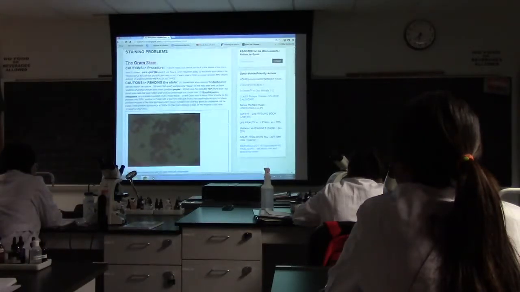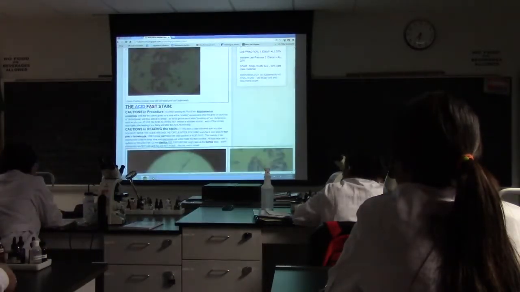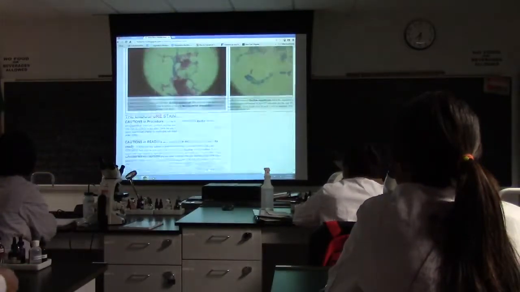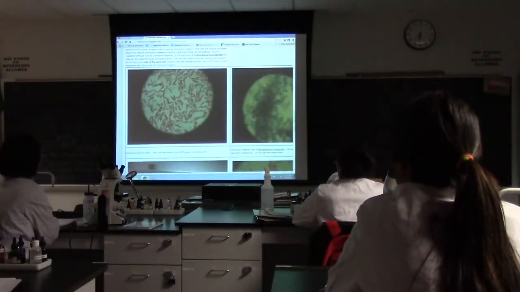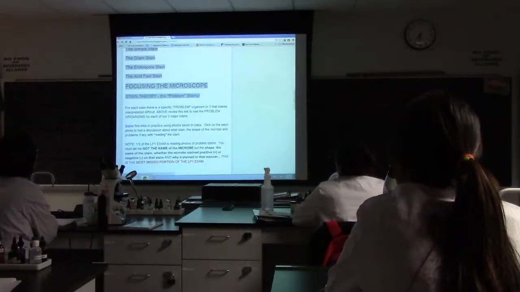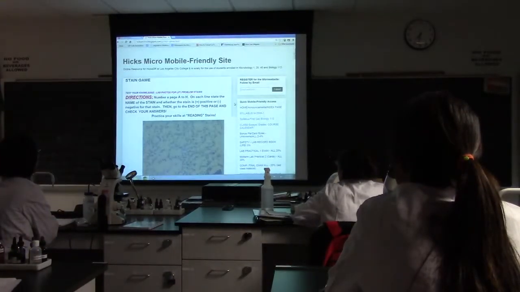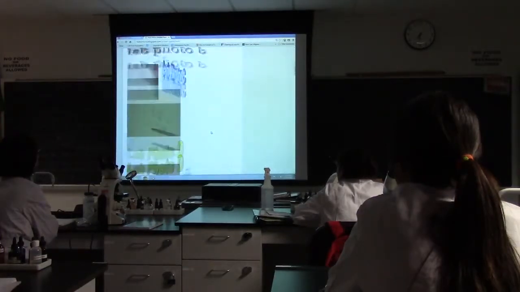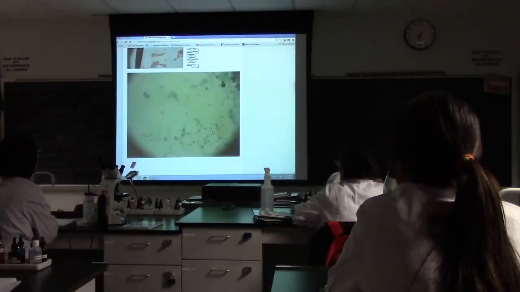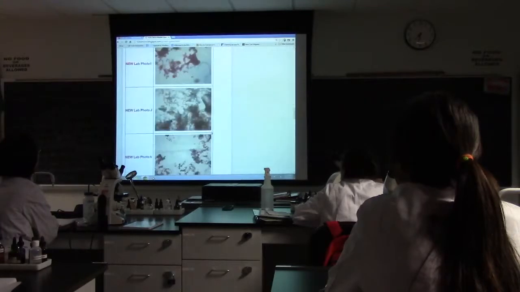It will discuss each one and what the problem stain is for it and give you a picture of it. Give you something to work with. And then you might even want to do the name-the-stain game, where you look at the pictures and see if you can pick out which one's the gram stain.